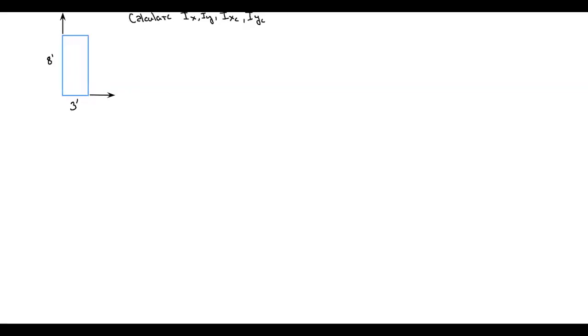So we've got to figure out the centroidal axis to do this. Now this is a symmetrical shape, so by inspection, I'll write that over here. By inspection, the centroid is located at 1.5 feet, 4 feet.